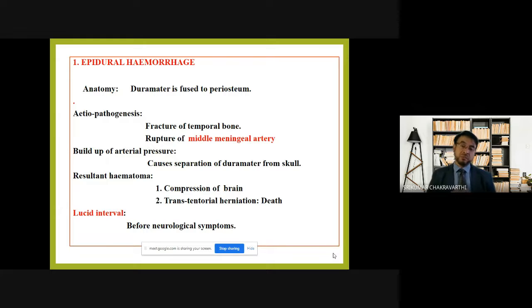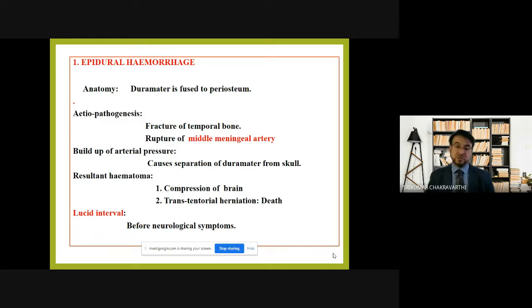Remember, the dura mater is connected to the periosteum, just like the layers of Iron Man's helmets are connected together. So, when there is any condition where there is damage to the cranium, the skull, that will cause a fracture of one of the skull bones. The most common bone to get fractured is the temporal bone on the side, because when a person falls, they fall on the side.